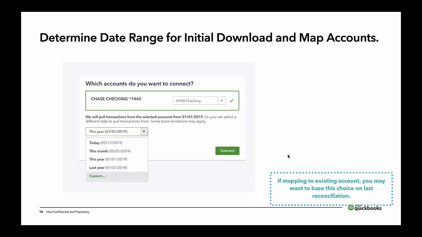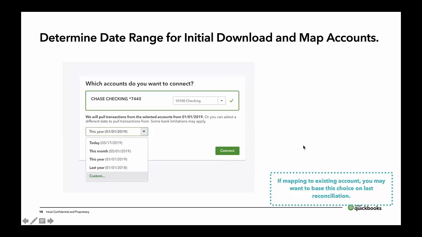Since the bank feed happens before we go into reconciliation, you're not going to want extra transactions. Or if you do, say that you pick this year and you've already reconciled the first 5, 6 months, you could exclude those transactions to avoid duplicates. But to me, it's easier if we bring in the time frame we need from the get-go.